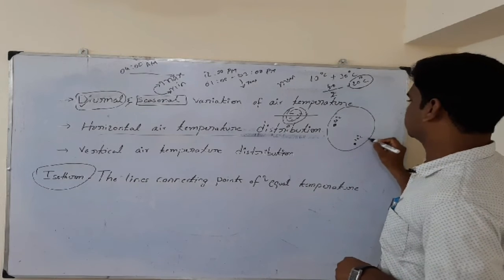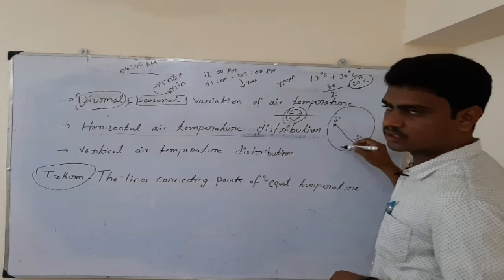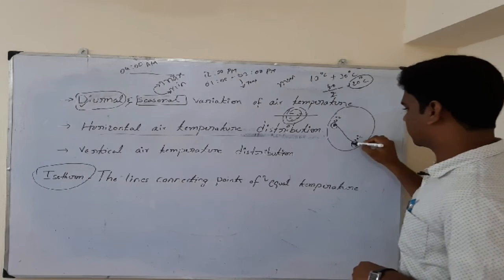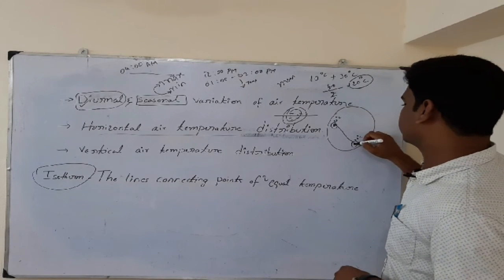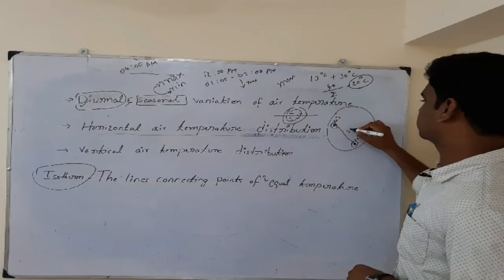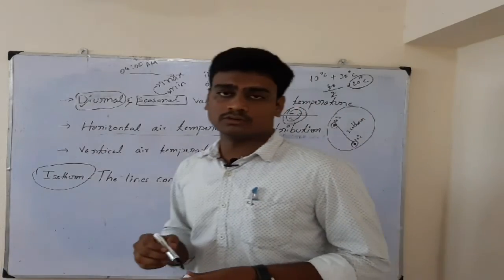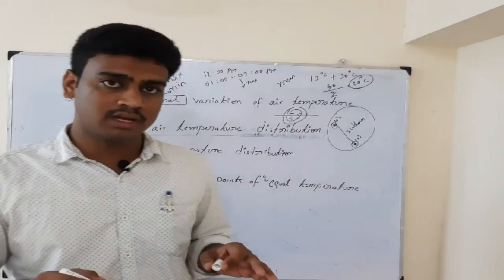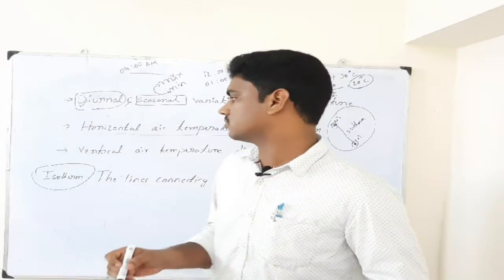If we join these two locations on the earth, which may be in one country and another country, with a line, that connecting line is called isotherm.